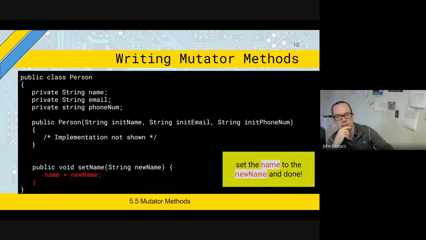So in the chat, why don't you write a little setter or mutator for email? Show me that you know how to write a setter for email.